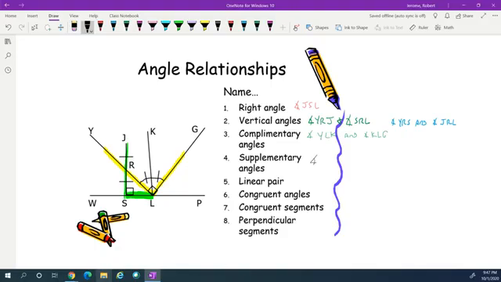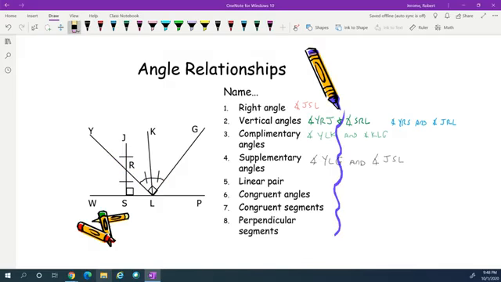So, for example, the yellow one is angle YLG. And its partner to add up to 180 is angle JSL. Now, they don't have to be 90 and 90. They just happen to be. We could have picked different angles. And I'm going to do that in the next one.